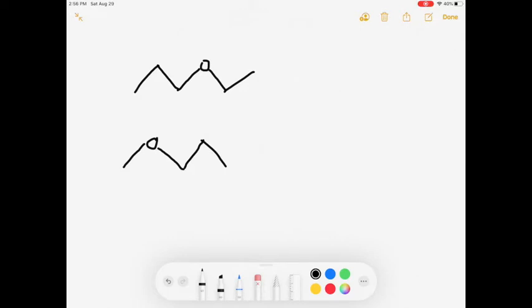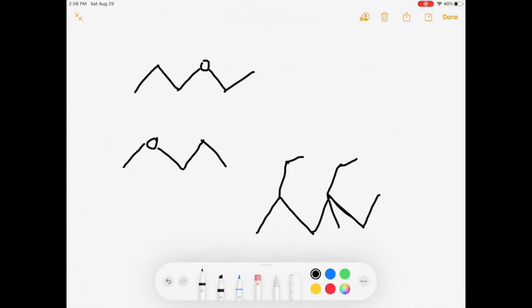Then we have 2,4-diethyl-4-ethoxyhexane. So this one looks a little weird. So I'm going to draw out the hexane, 1, 2, 3, 4, 5, 6. And then I'm going to put in the ethyl groups at 2 and 4. So I'm going to start on this side. So 2 right here, 3, 4. So those are ethyl groups. And then it says 4-ethoxy.